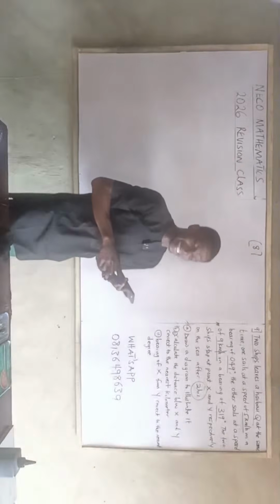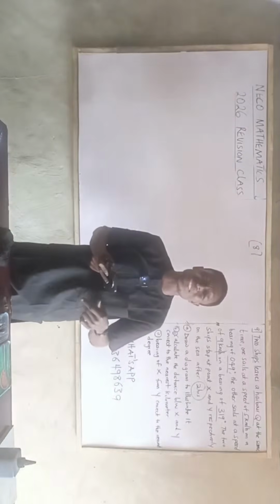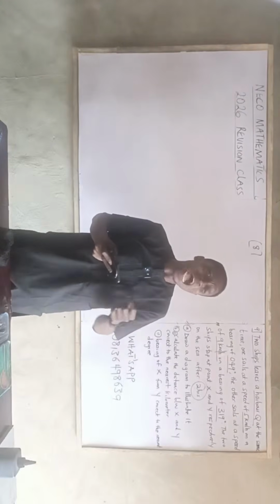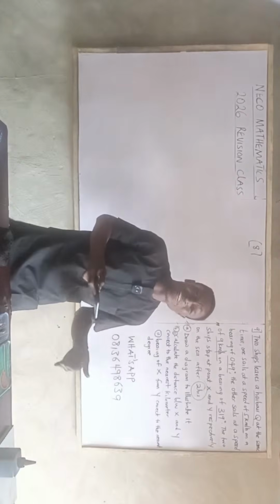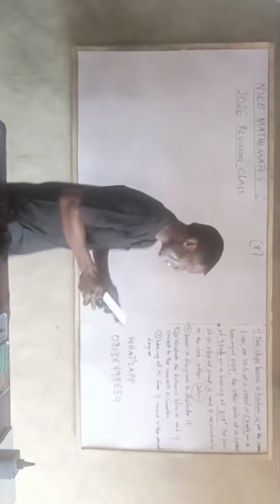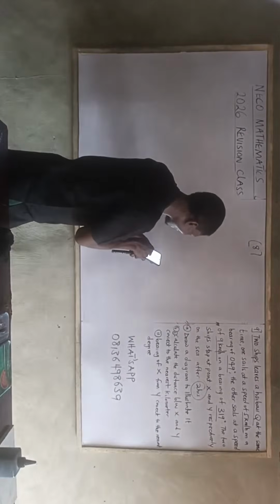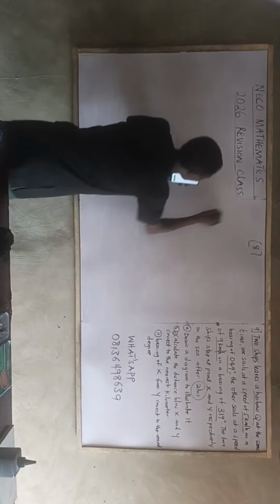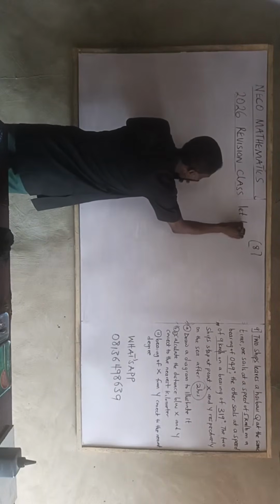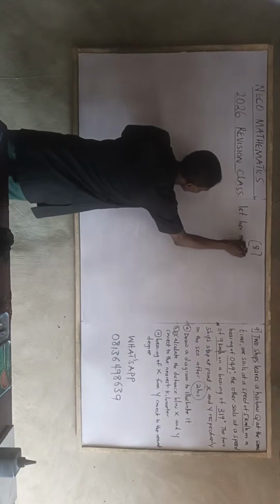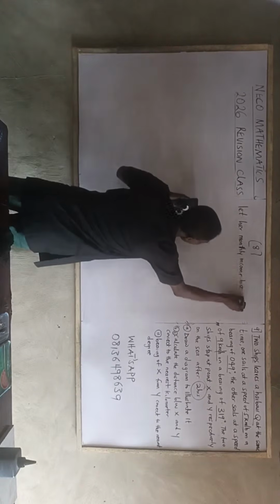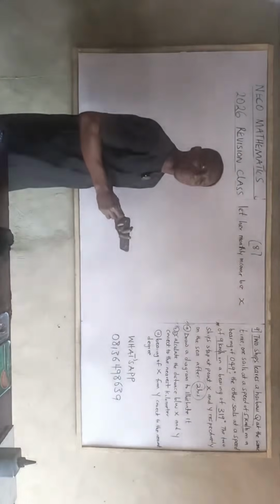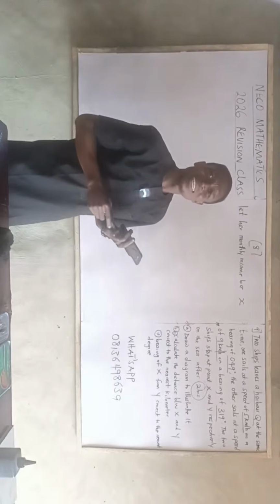When you have questions like this, the first question you ask yourself is, how much is the income first? Since we have to find our monthly income too, you simply say, let our monthly income first be any variable of your choice. I'm deciding to work with X here.